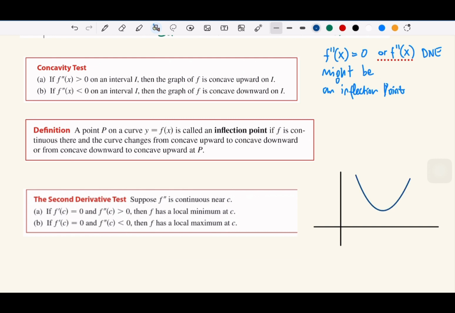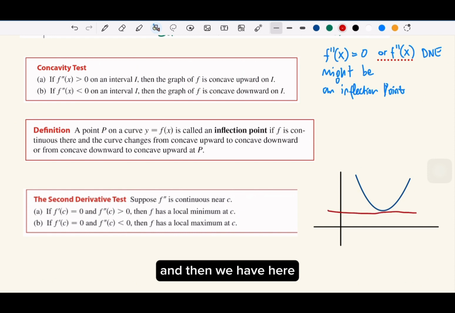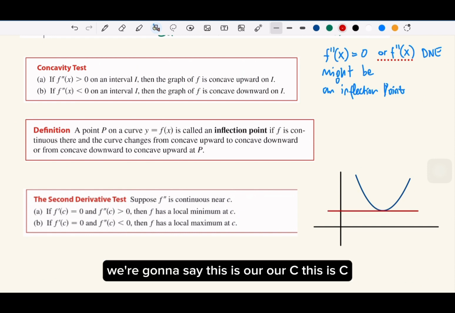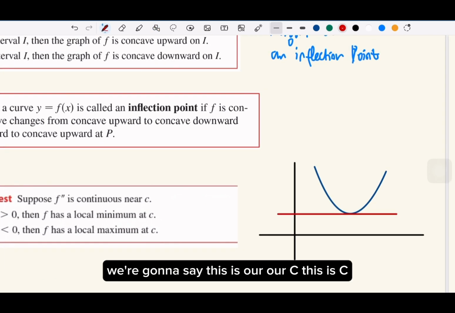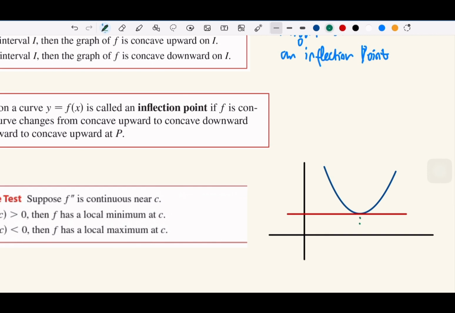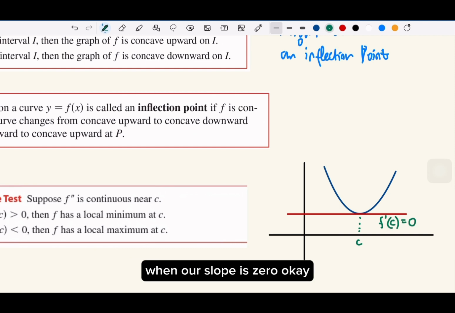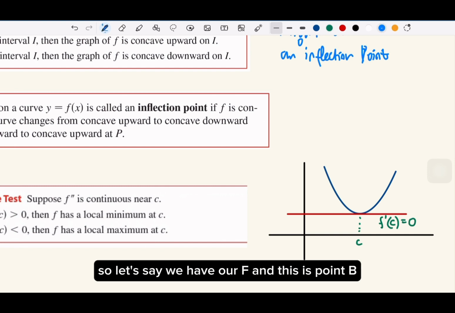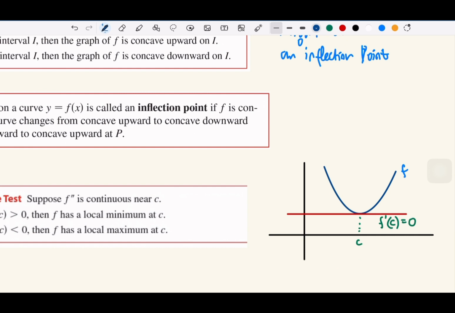And then we have here, let's say this is our C. Okay, this is C. So here is when our slope is 0, or the first derivative is 0. So let's say we have our f, and this is point P.